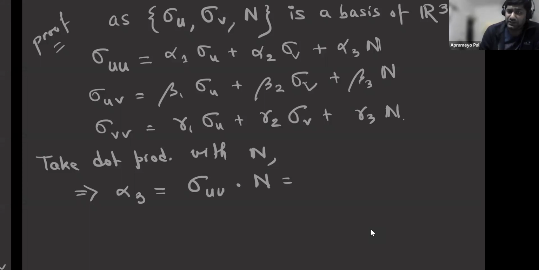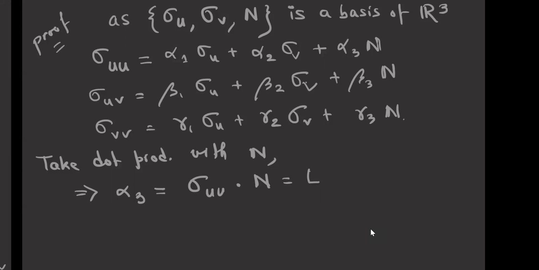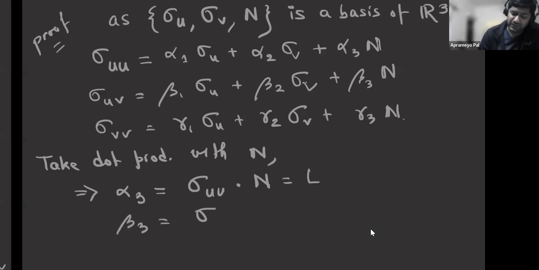By definition, this is the first coefficient of the second fundamental form, right? This is L. Correct? Yes. So similarly, you get beta 3 is nothing but sigma uv dot n, which is nothing but m, and gamma 3 is nothing but sigma vv dot n, which is nothing but n.